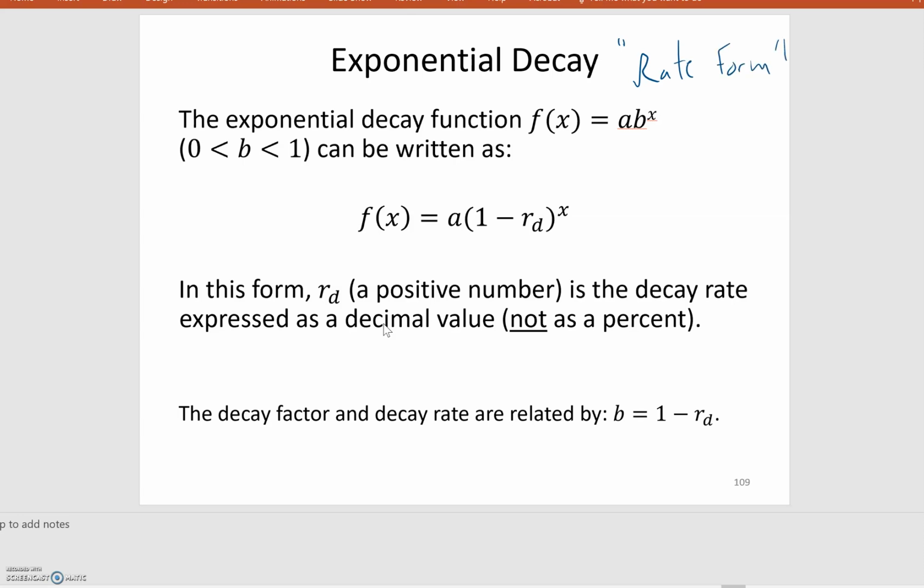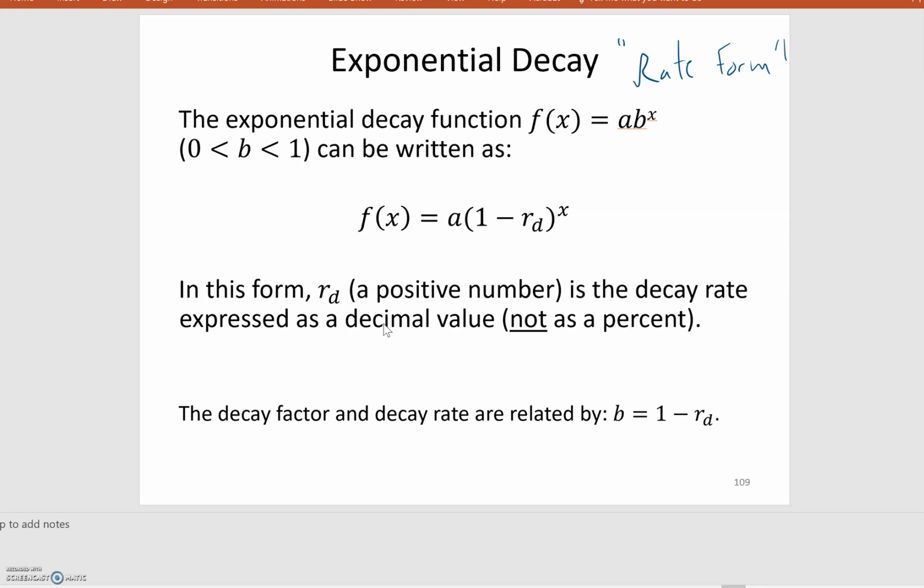Okay, so we can write this as f of x equals a times 1 minus r sub d to the x. So what in the world is r sub d? Well, the subscript d is meant to indicate decay, and r sub d is the decay rate. So it is the decay rate expressed as a decimal value, not as a percent, just like we did for the growth rate.